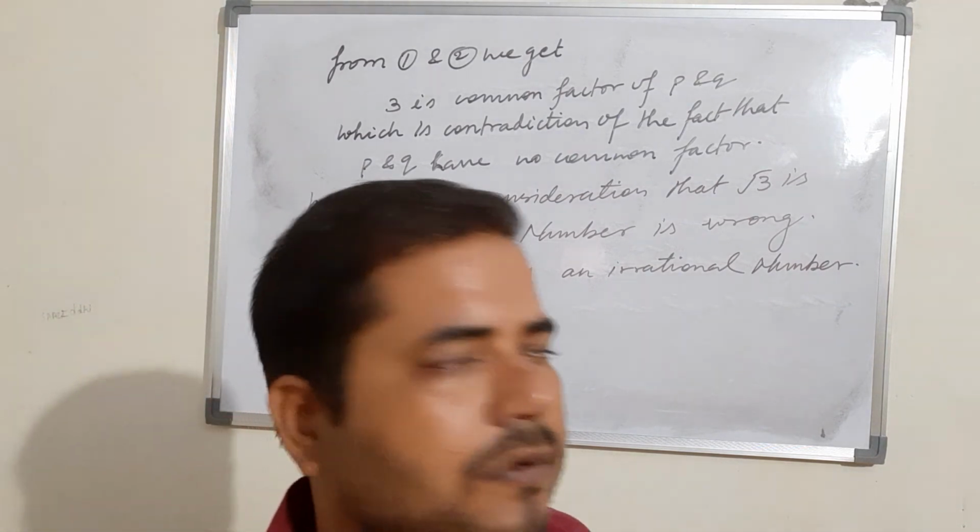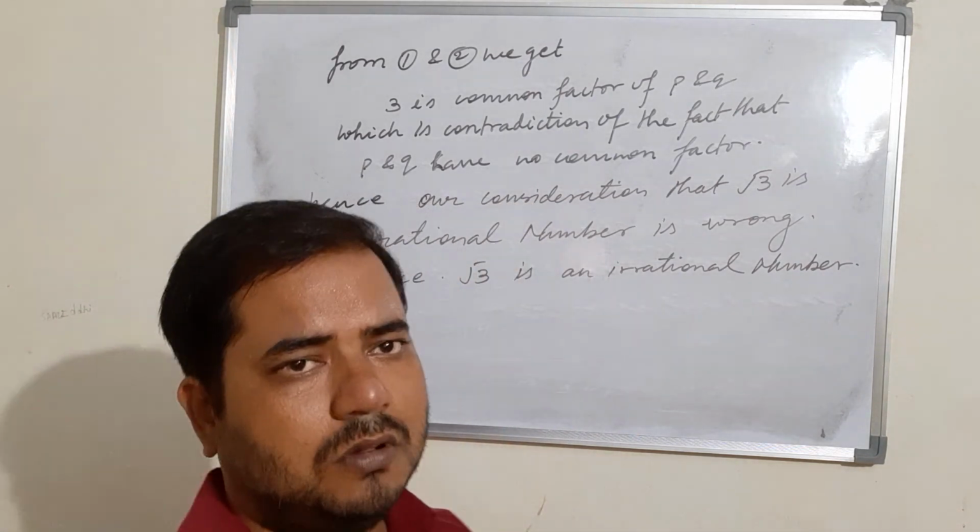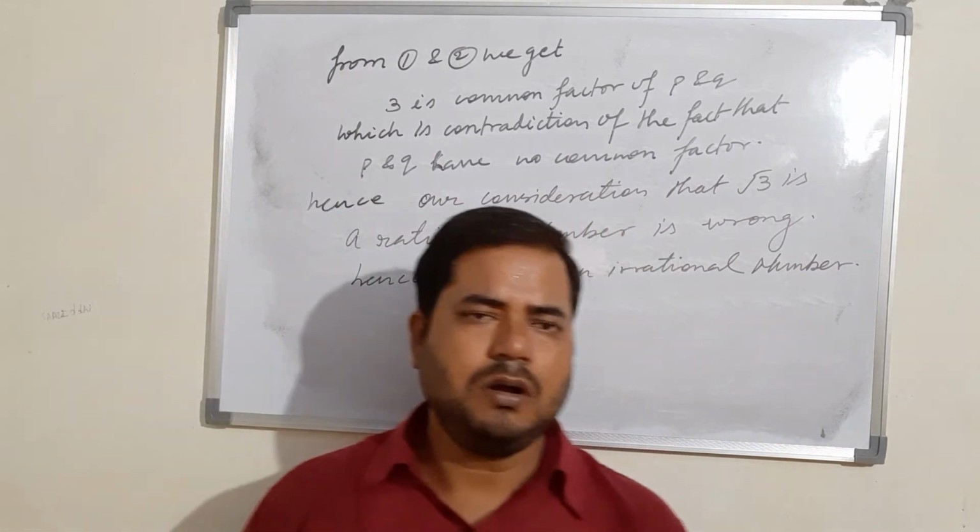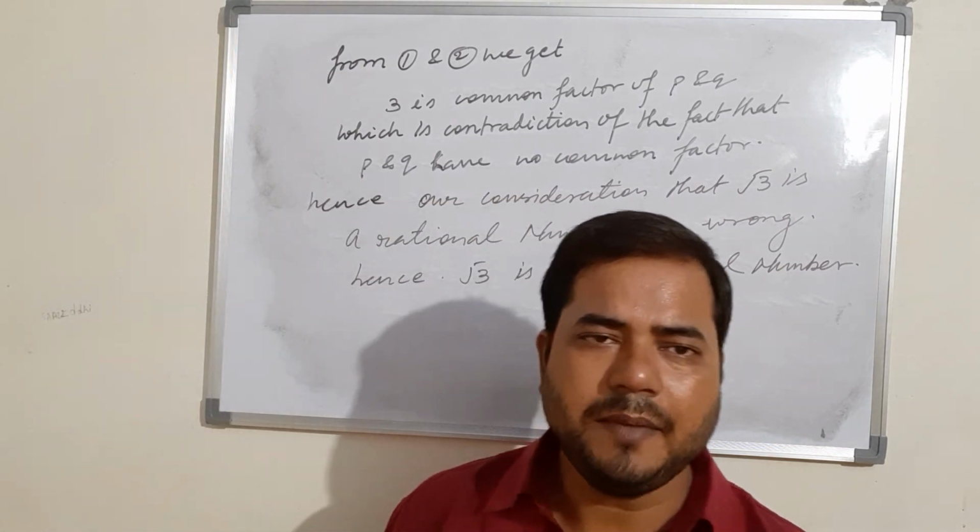Okay. So this is the whole proof that root 2 and root 3 are irrational numbers.